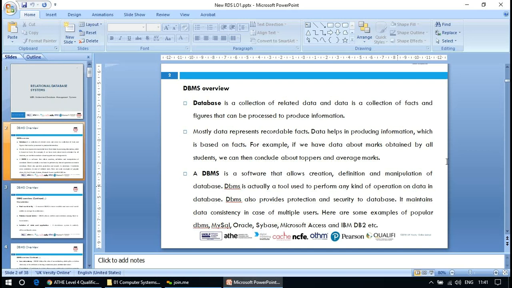The database management system also provides protection and security to the database. Make sense? If you have a word file, anyone can read the data inside the file.